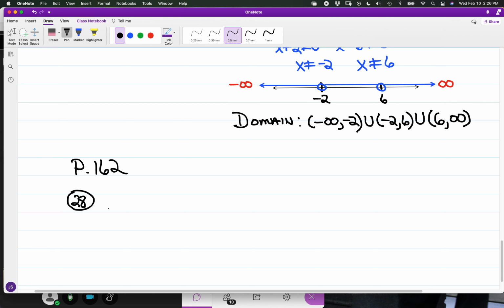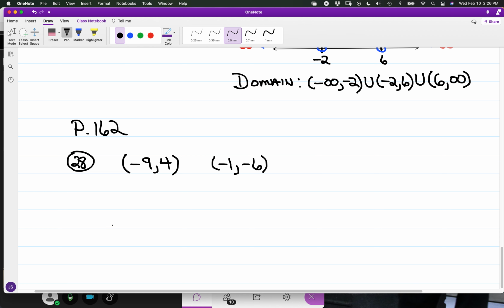Now for 28, we have 2 points given as negative 9, 4, and also negative 1, negative 6. With the slope formula, we have y2 minus y1 all over x2 minus x1.